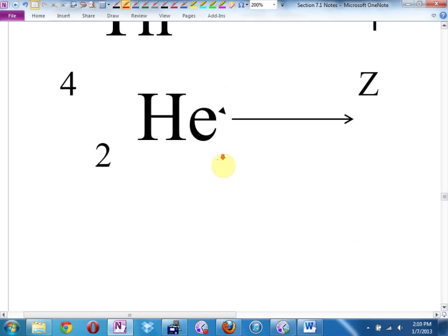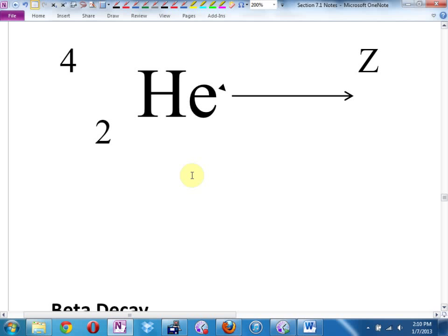Turn the page. Y'all got some room to write underneath the great big HE? Draw an arrow. I'm going to tell you the end result. We ended up with thorium-230 and an alpha particle.